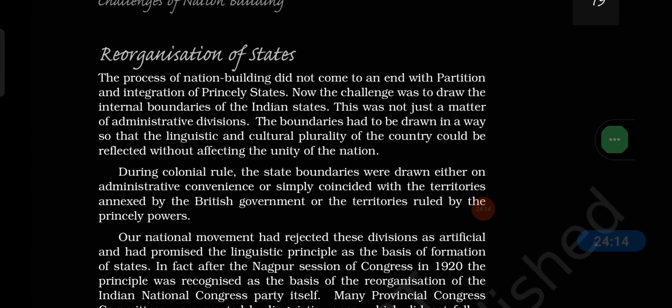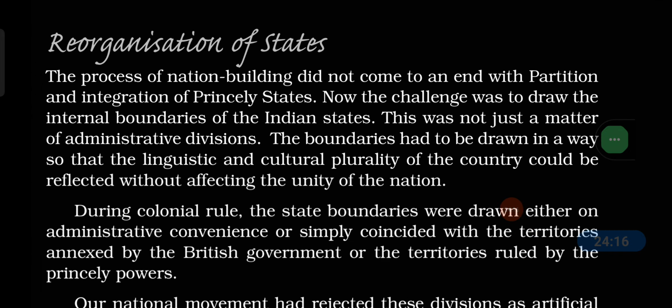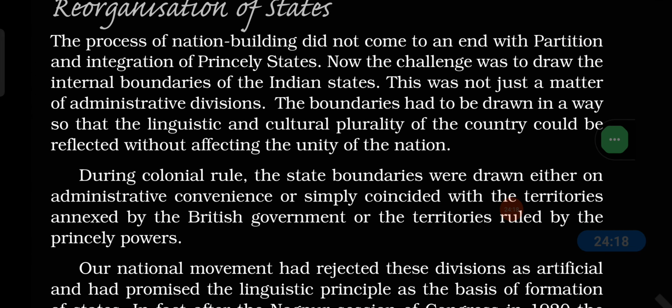What is the state reorganization? State reorganization is that the process of nation building did not come to an end with partition and integration of princely states. Now the challenge was to draw the internal boundaries of Indian states. This was not just a matter of administrative division, but the boundaries had to be drawn in a way that reflected the linguistic and cultural plurality of the country.